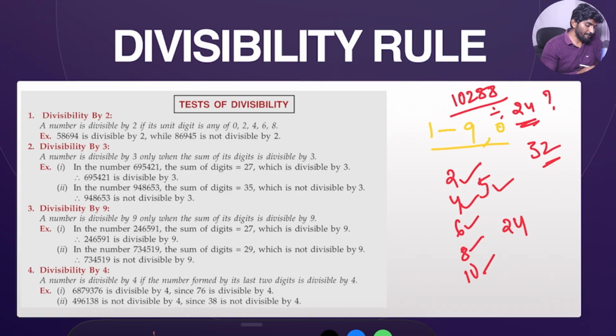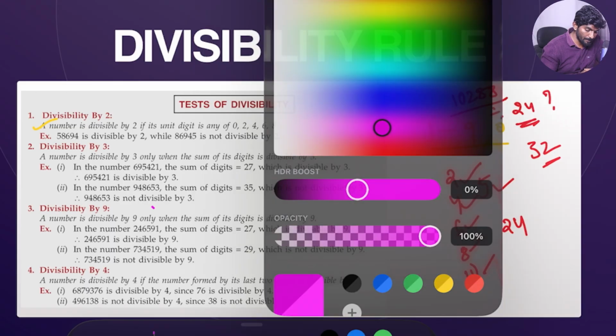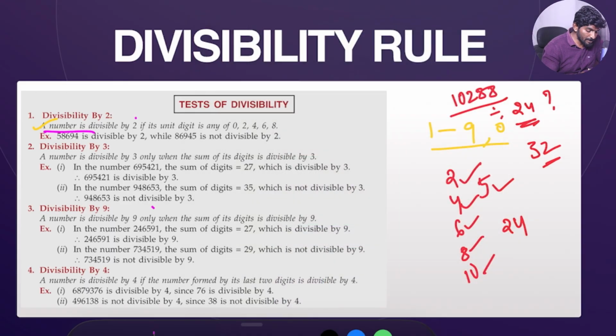Now, the main rule you know is divisibility by 2. A number is divisible by 2 if its unit digit is any of these five: 0, 2, 4, 6, 8.